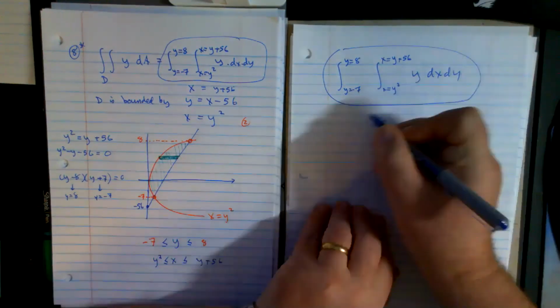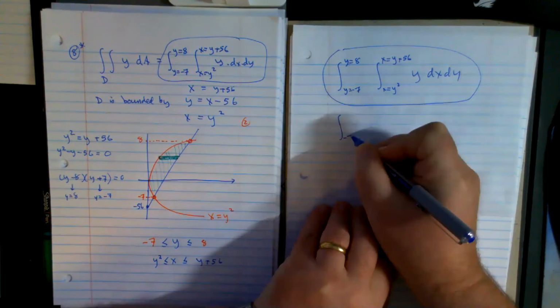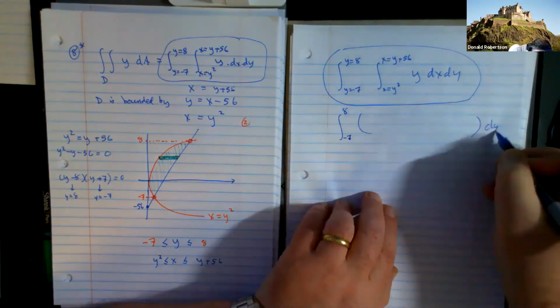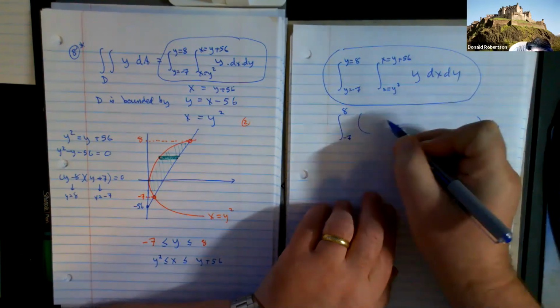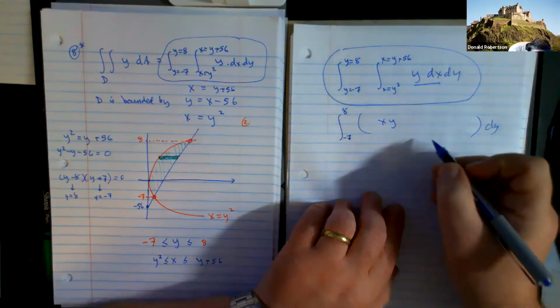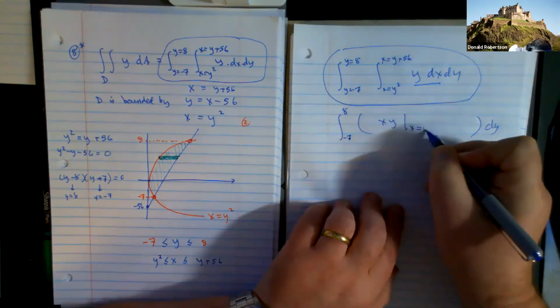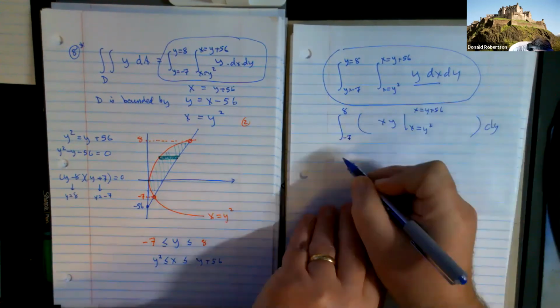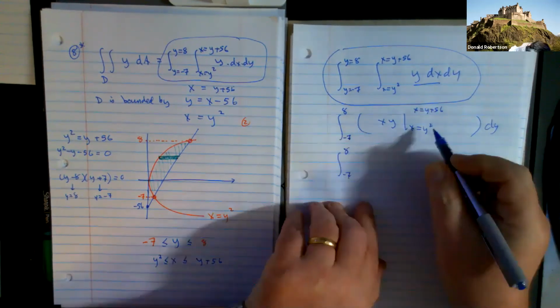In this case here, let's do that fella. This fella just basically gets you xy, because with respect to x, y is just a constant. You evaluate it at these two guys, and that would be here.